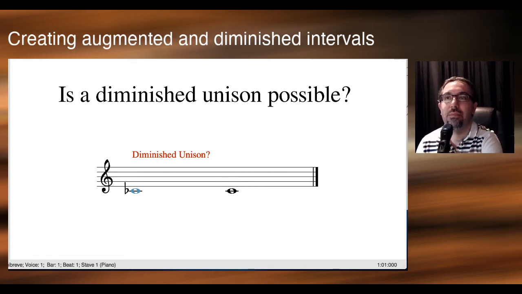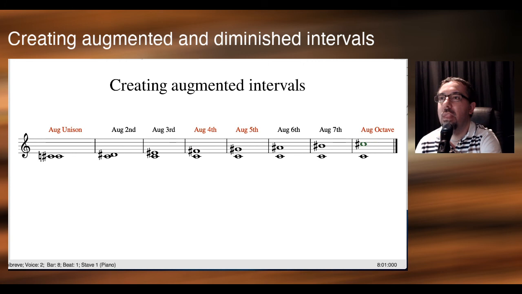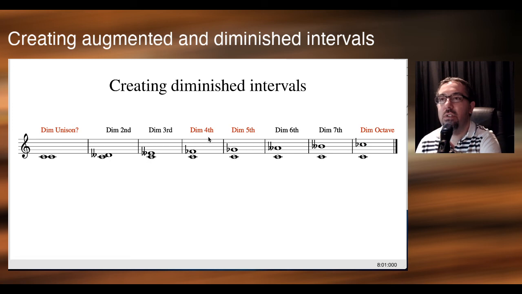Okay, so just recapping, if I go back a few steps, we can have our augmented intervals. Okay, so that's where you're expanding your interval, and then you've got your diminished intervals, where you're sort of lowering your interval.